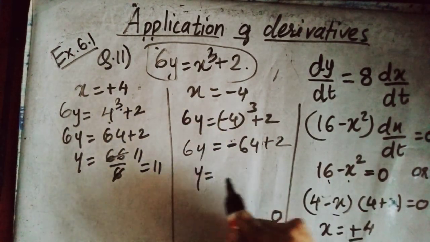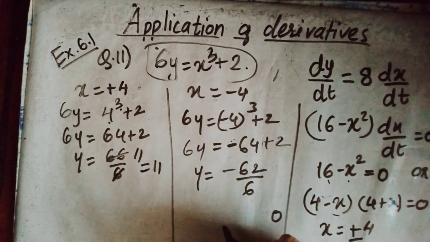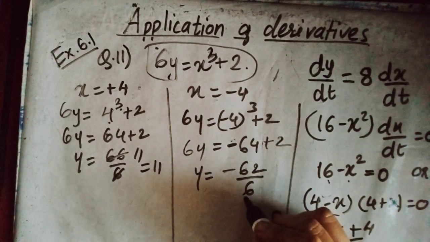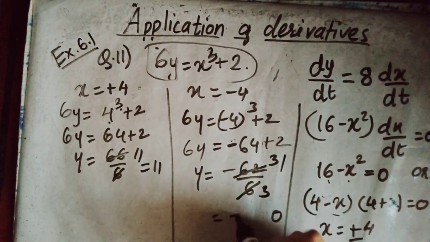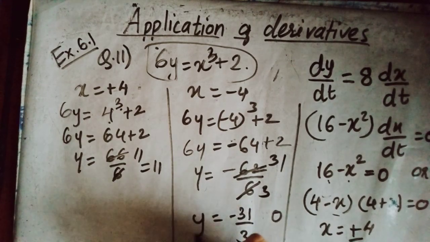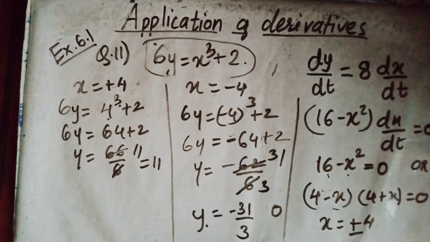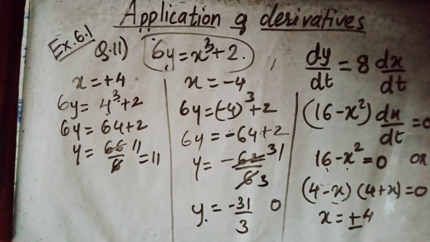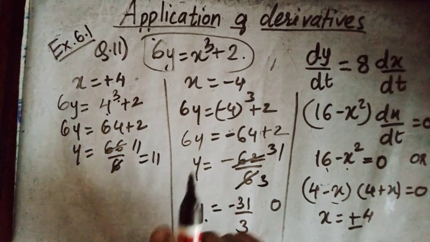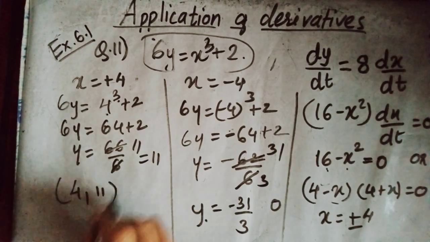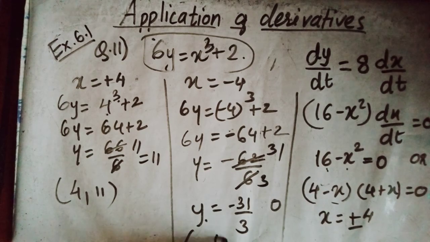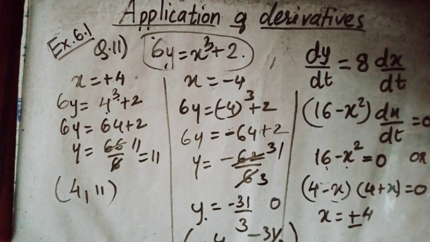So this will be minus 62 upon 6, so this will be minus 31 by 3. So when x is equal to 4, you will get 11, and when x is equal to minus 4, you will get minus 31 by 3. So these are the points on the curve.